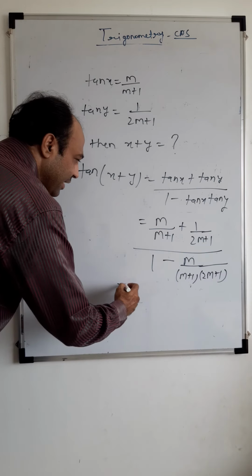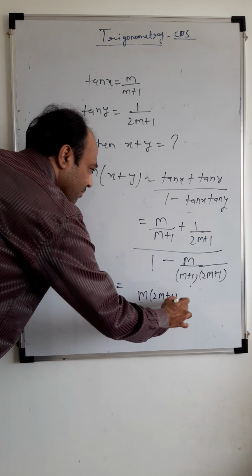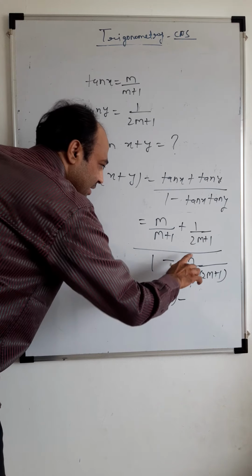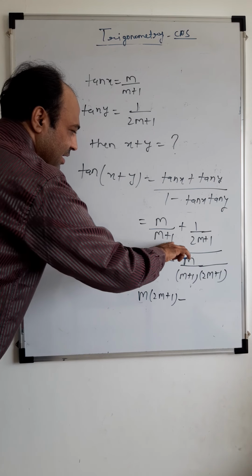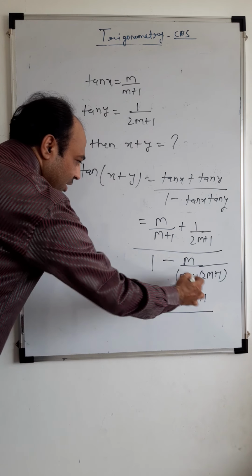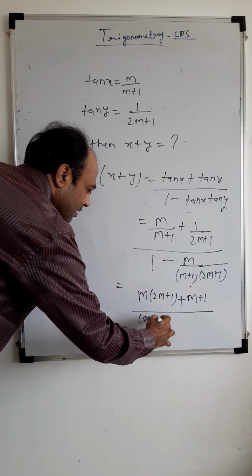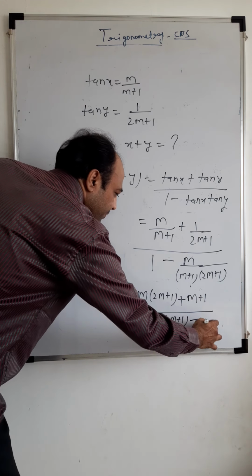Now, while simplifying, what will you have? m into 2m plus m, plus this into this. So the LCM came. Now this 2m plus m goes here, plus m plus 1 upon m plus 1 into 2m plus 1 minus m.